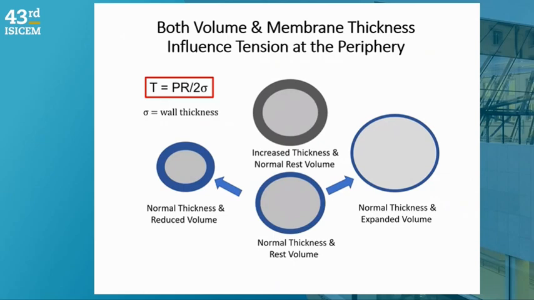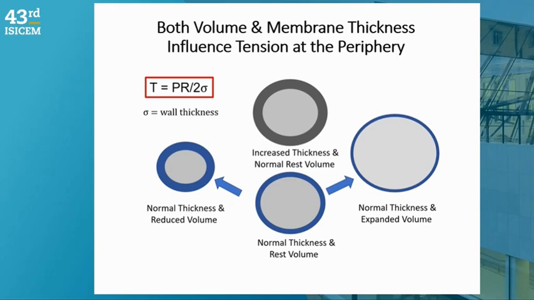If I take an alveolus that has normal thickness and a normal resting lung volume, and I compress that alveolus to a smaller volume, I have a bigger thickness, I have a bigger denominator, and the tension is less. If, on the other hand, I take that same alveolus and expand it, I thin the margin, which actually reduces the denominator, I increase the radius, and I increase the pressure, and I increase the tension.